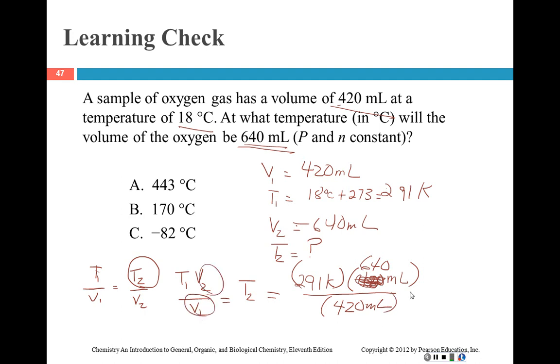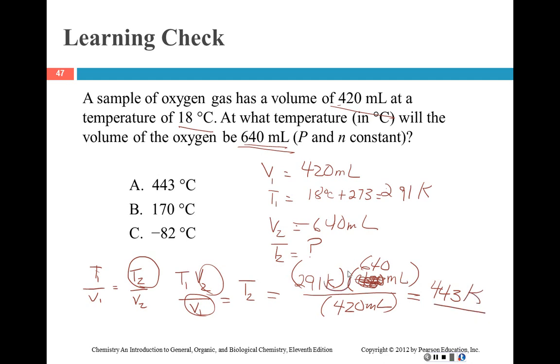Then you're going to say 291 times 640 divided by 420, and I'm getting 443. What? So that's the answer, right? No, that's Kelvin.